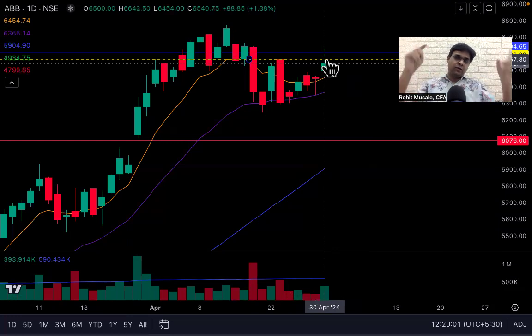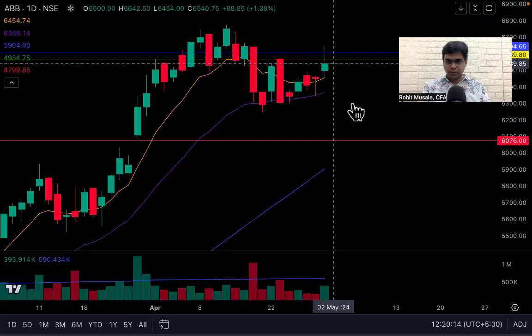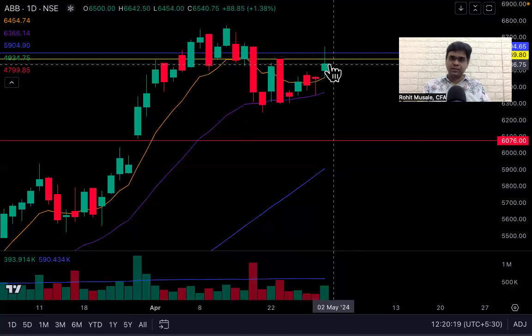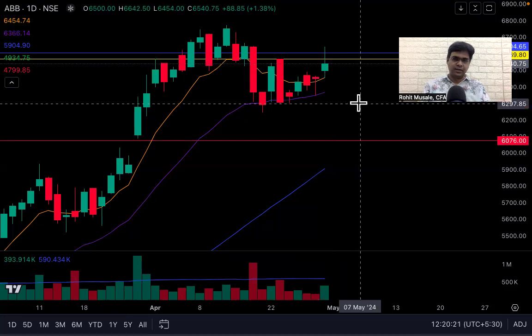In that case, I would have stayed in the stock. But this is a clear sign that there is no volume, which means the buyers are not coming. Price is closing below the yellow line, which means it could fall further. So instead of waiting for this stock to come down and take out my stop loss, why not just exit here? Okay, so that's exactly what I did.